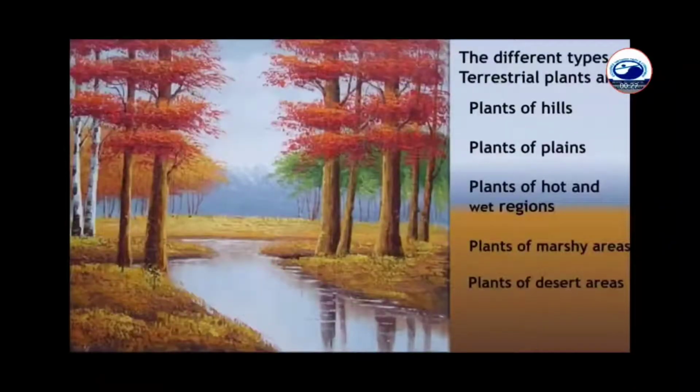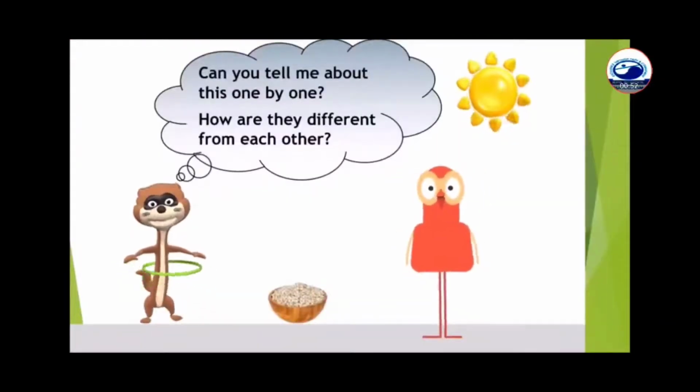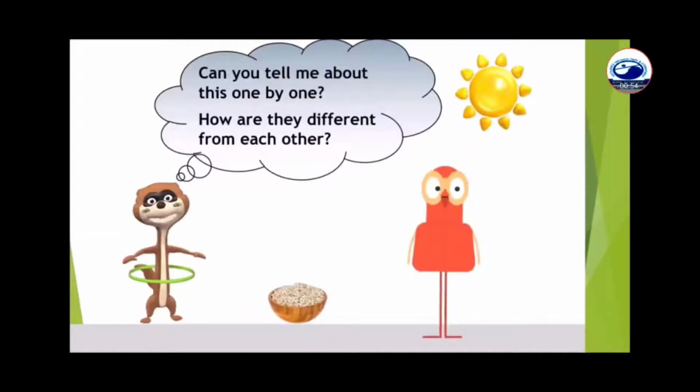The different types of terrestrial plants are plants of hills, plants of plains, plants of hot and wet regions, plants of marshy areas, plants of desert areas. Can you tell me about these one by one? How are they different from each other?